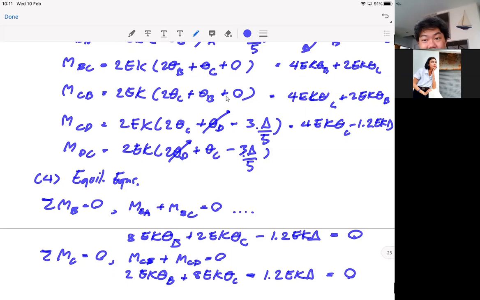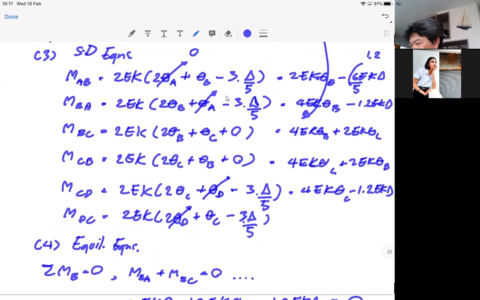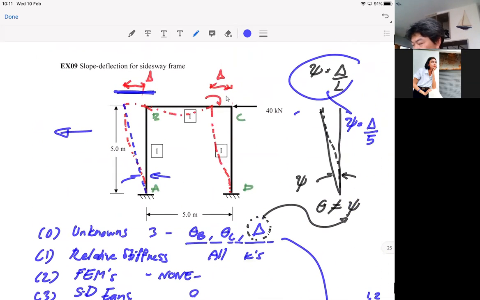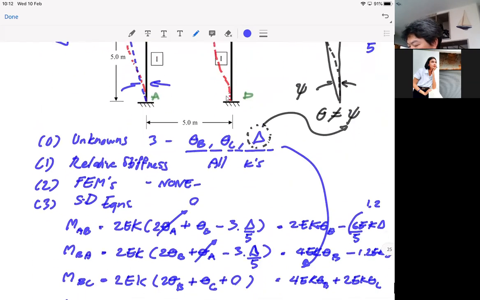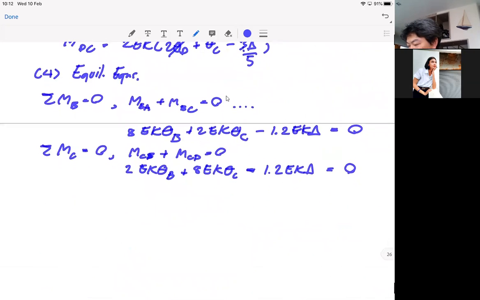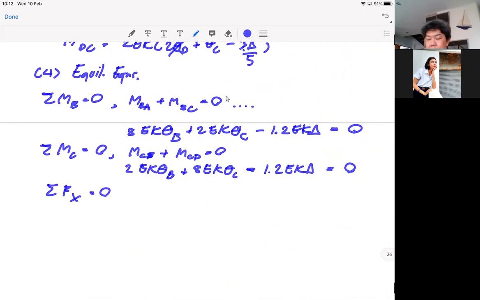So what do you think you should have here? Okay, so what you should have here is sigma Fx equal to 0. All right, so the third equation is sigma Fx equal to 0.